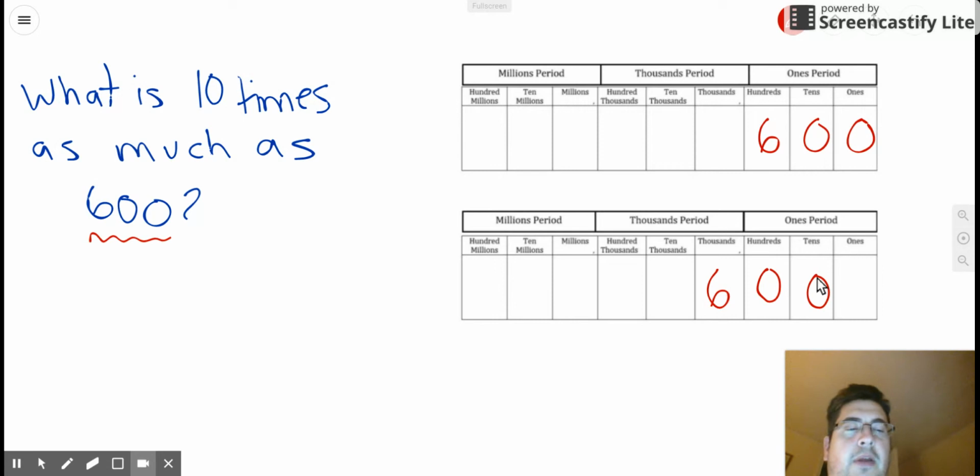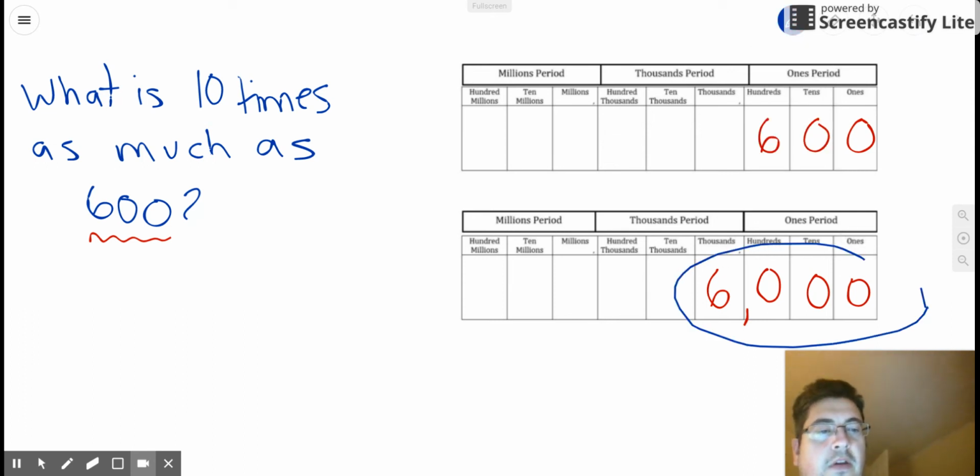What about the ones place? Well, since there's nothing there, we're going to add a placeholder. We're going to add another 0 there, and there you have it. What is 10 times as much as 600? 6,000.